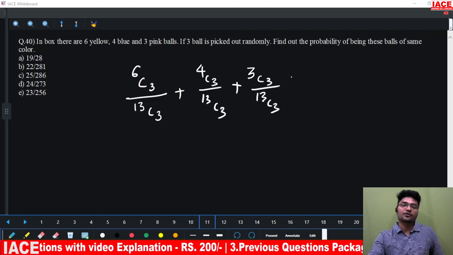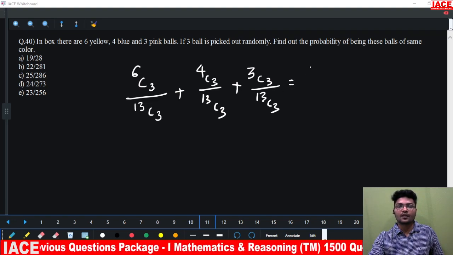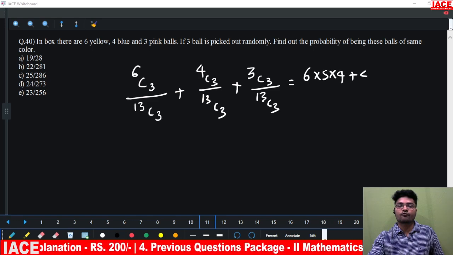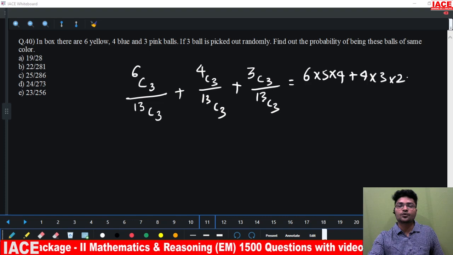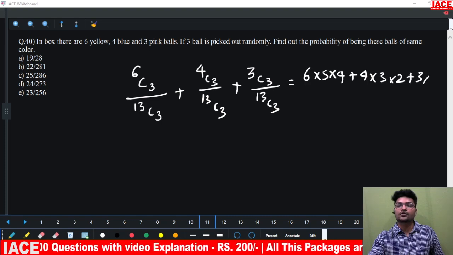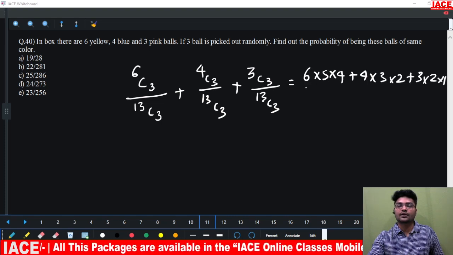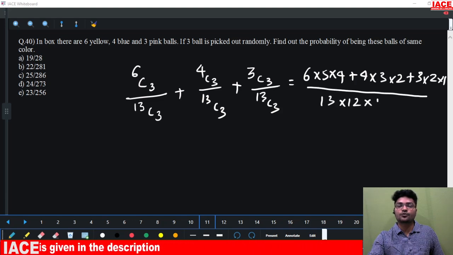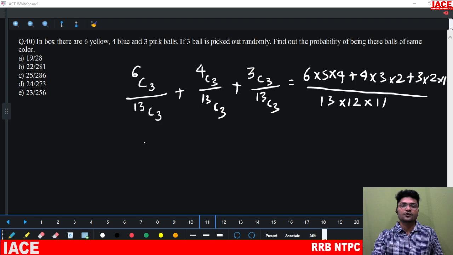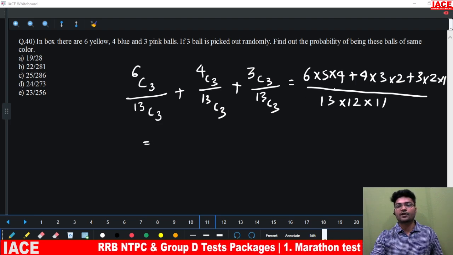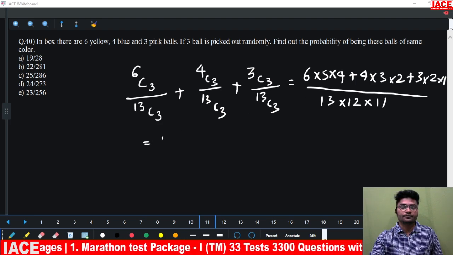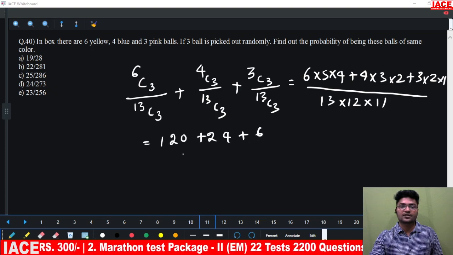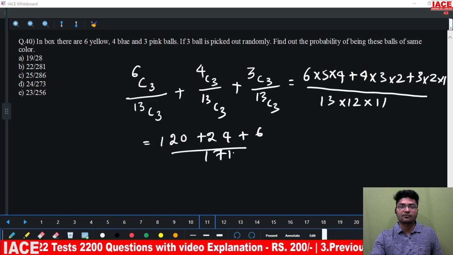So what we have here is 6 into 5 into 4 plus 4 into 3 into 2 plus 3 into 2 into 1, divided by 13 into 12 into 11. 6 into 5 into 4 is 120, plus 24 plus 6, divided by 1716.